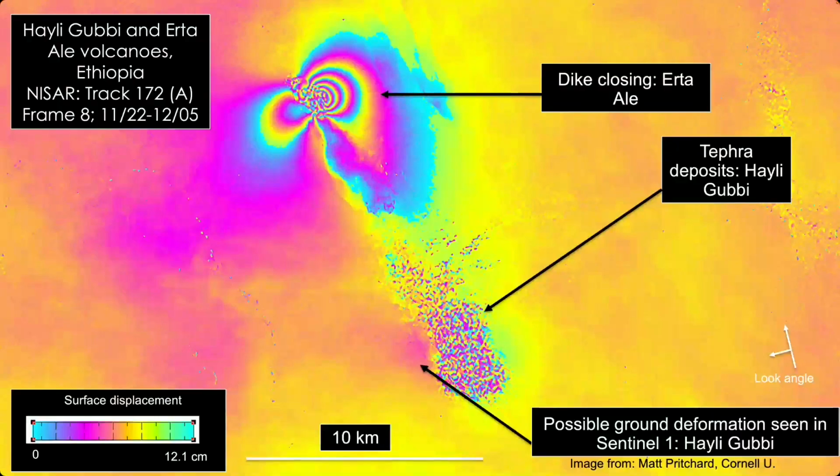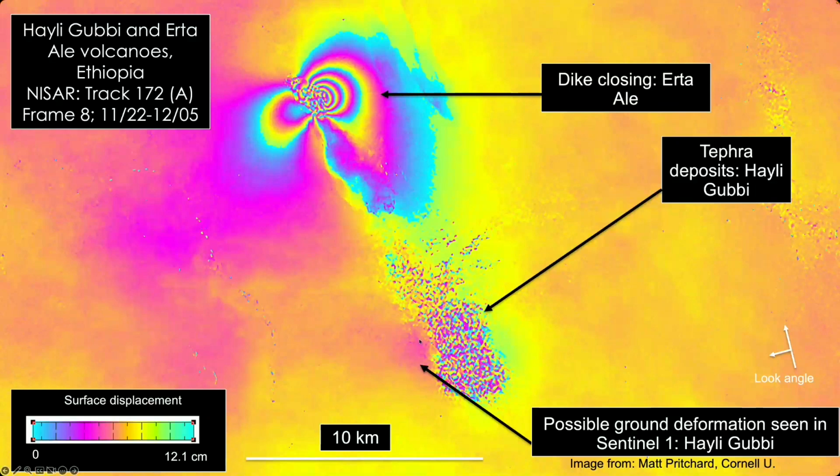As I mentioned, the Hayli Gubbi eruption sent a huge amount of volcanic ash out, and ash and other larger rocks are called tephra by the volcanologists, and that tephra has covered up the land surface and made it completely different from the two radar images, and that's why we see this area of low coherence or noise in the wrapped interferogram.